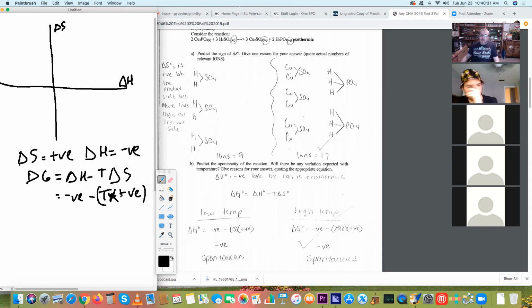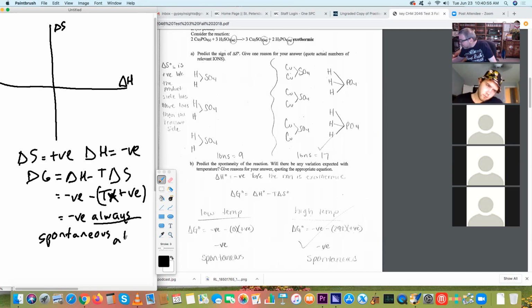It's impossible to have a negative Kelvin temperature. So if you have a negative value and you're subtracting a positive value, it will always be negative, which means that the reaction will always be spontaneous.